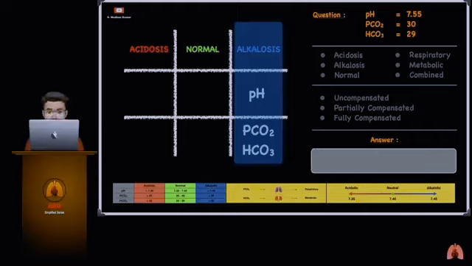When you finish the tic-tac-toe table, the interpretation here will be combined respiratory and metabolic alkalosis.